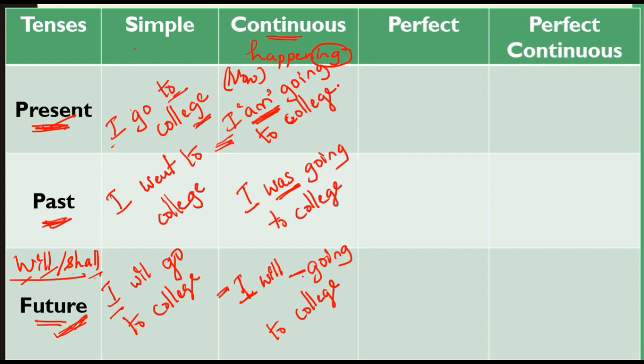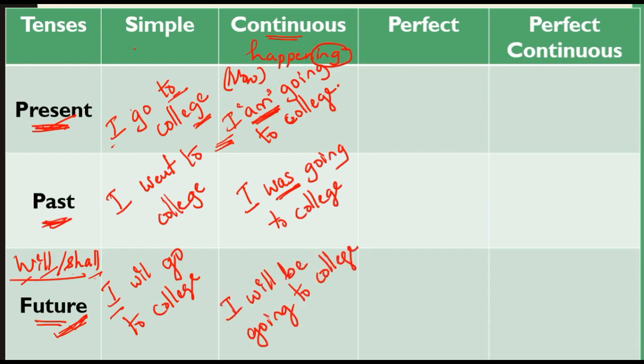So there is a fill in the blanks we have to do over here. That's when a new word will come into picture, that is be. So the sentence will become, I will be going to college. I am going to college, I was going to college, I will be going to college. Sounds absolutely perfect. So now let's talk about perfect tenses.